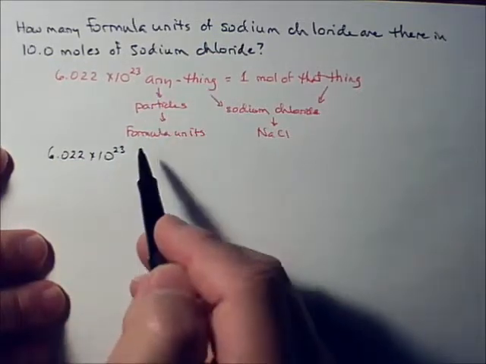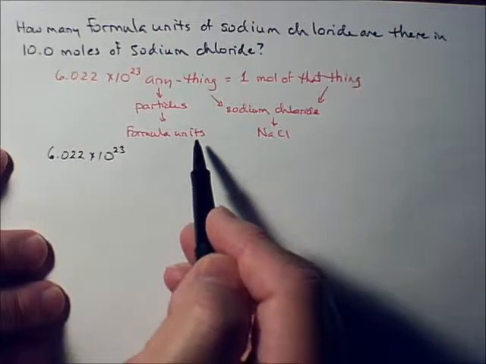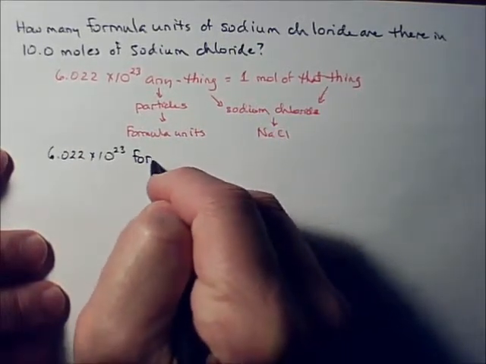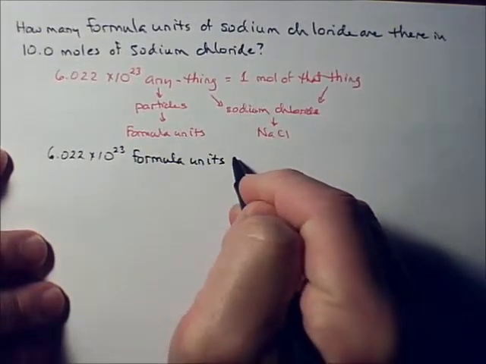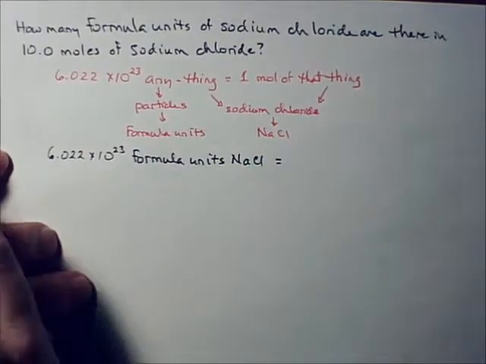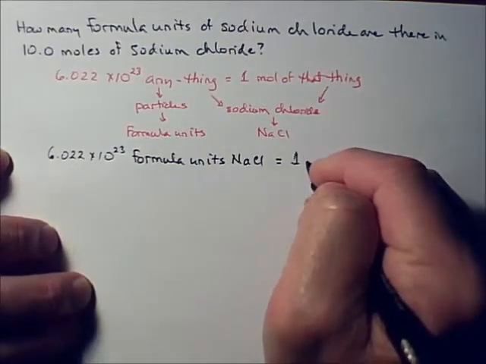So instead of anything, we're going to say any part is formula units. The thing part is the sodium chloride. And what goes on the other side of the equality statement? 1 mole of NaCl.